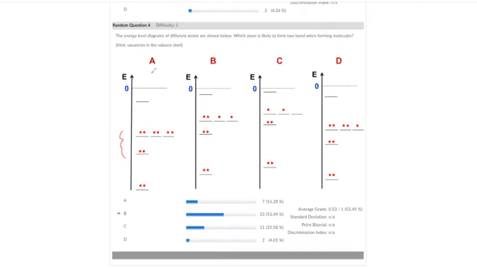So atom A is going to make 0 bonds, like a noble gas. Atom B has 1, 2, 3, 4, 5, 6 electrons. Therefore, 2 vacancies. Therefore, atom B is going to form 2 bonds. Atom C has 1, 2, 3, 4 electrons. Therefore, 4 vacancies, so it's going to form 4 bonds. And atom D has 1, 2, 3, 4, 5, 6, 7 electrons. Only 1 vacancy. Therefore, it's going to form 1 bond. So atom B will be forming 2 bonds.